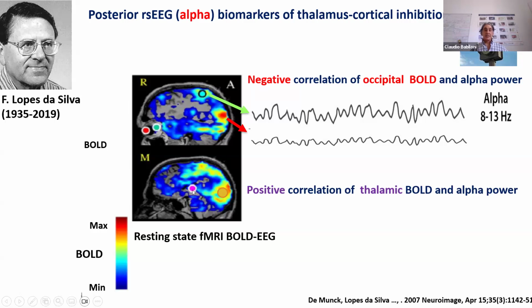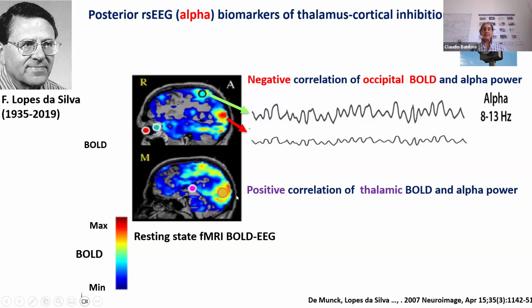In contrast, higher levels of bold activity in the thalamus is related to high levels of EEG alpha rhythms in the scalp recordings.